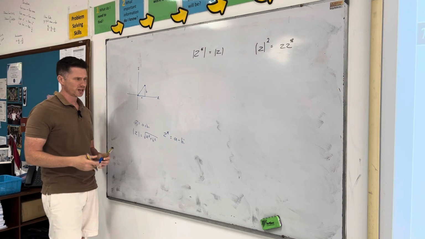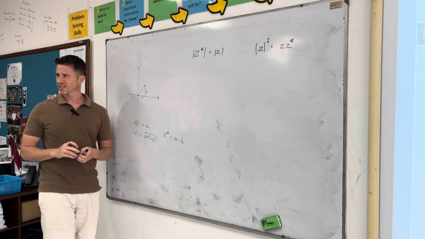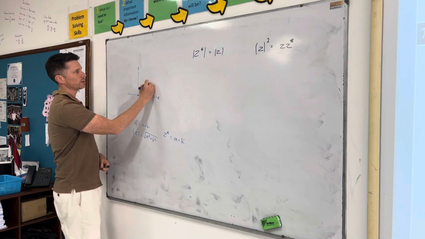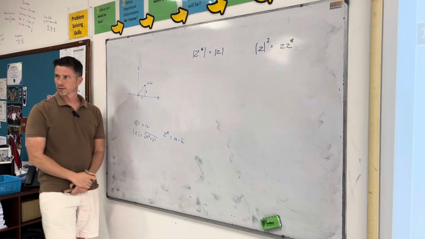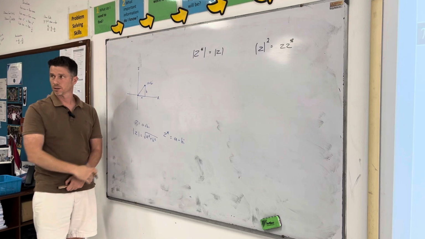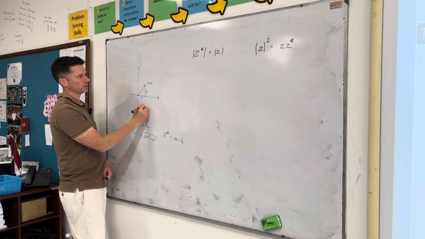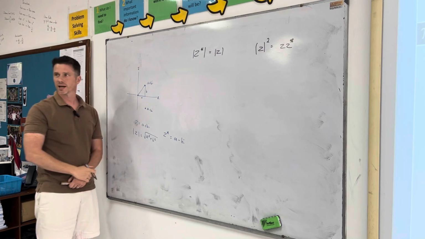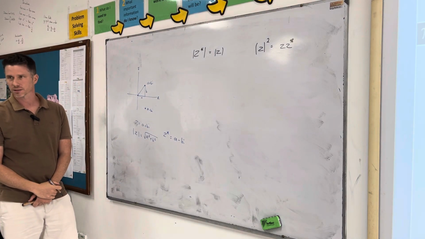Okay, so that's the conjugate. Graphically, what does it look like? Geometrically, if this is a plus bi here, then down here it'd be a minus bi. It'd be a reflection in the real axis, the opposite side of the real axis.